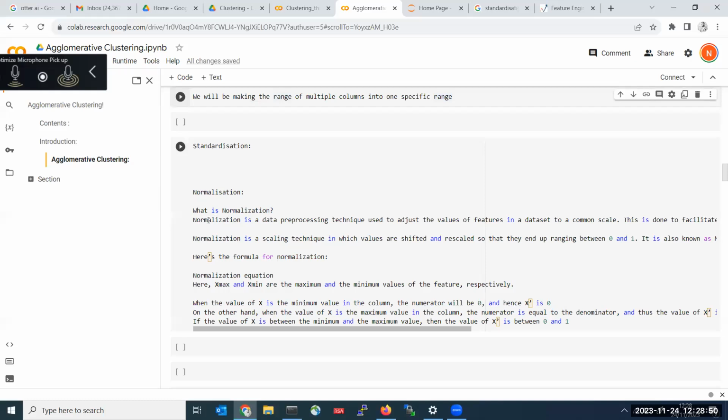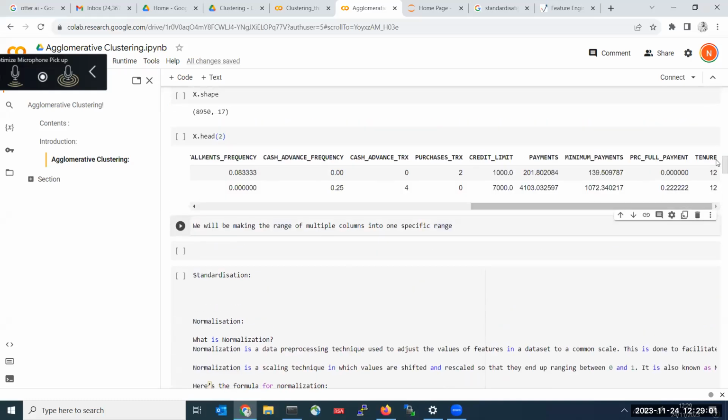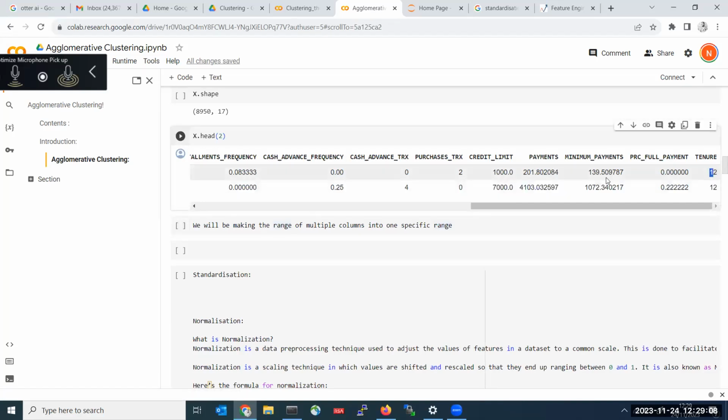See what it is mentioning. Normalization is a data processing technique used to adjust the values of features in a data set to a common scale. To a common scale means, here the credit limit is in thousands and lakhs, and the tenure is in numbers like 5, 6, 12.